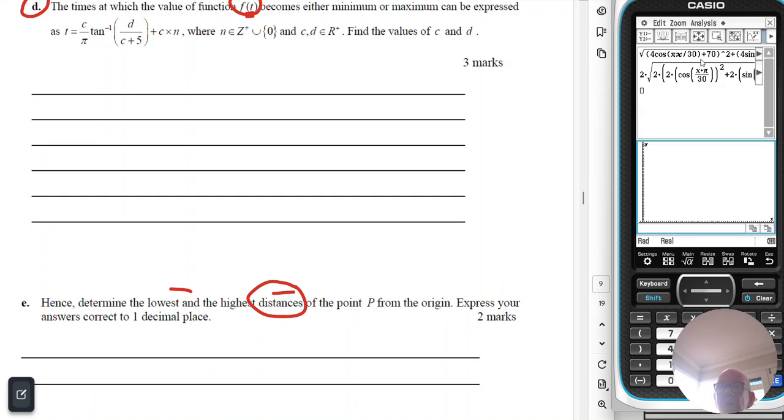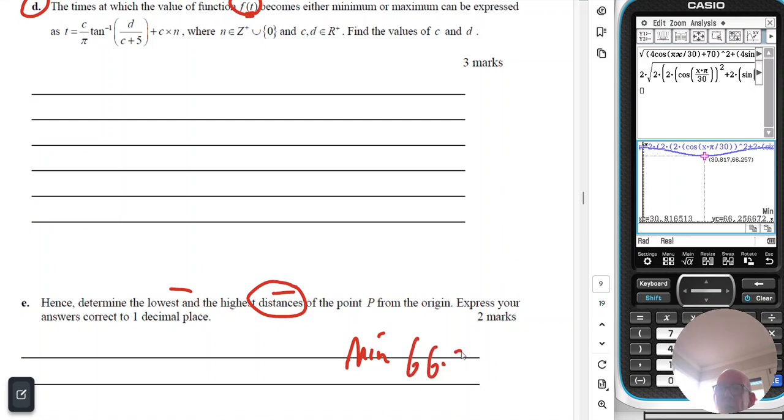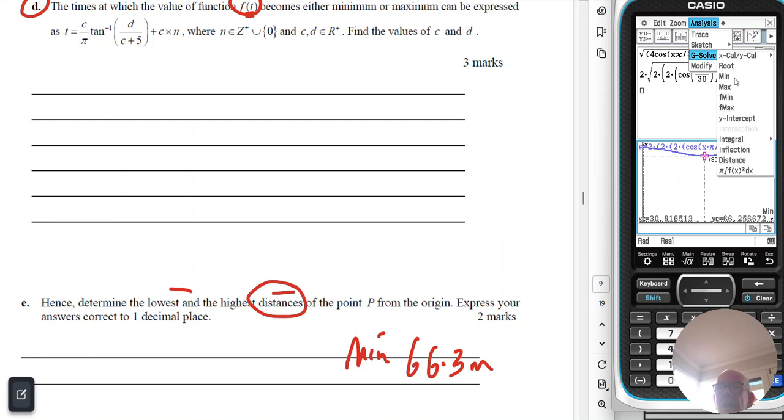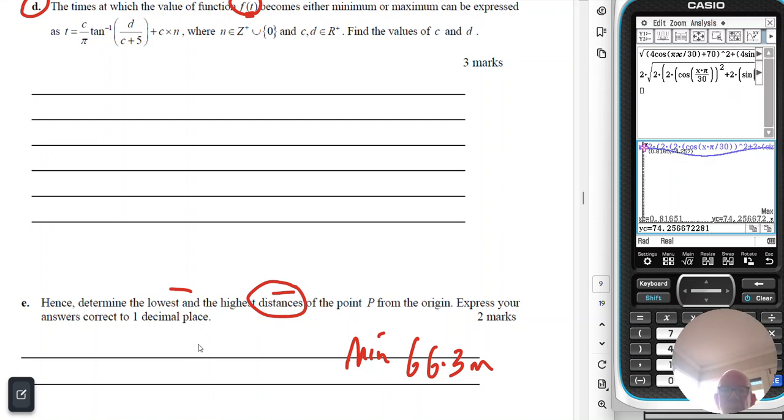So if I pick this up, drag and drop, Analysis, G-Solve, minimum is 66.25, so minimum 66.3 meters. And G-Solve max is 74.25, so 74.3 for the max, because that was to do with distance.